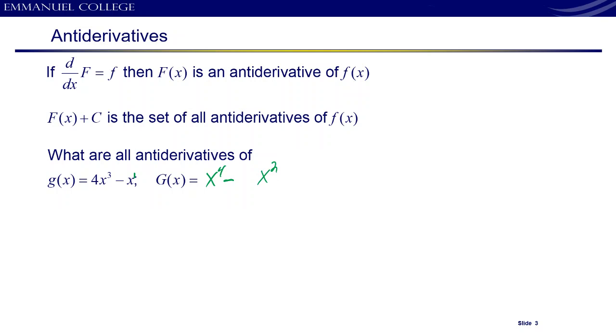But now there's an issue. If I take the derivative of x squared, I get 2x, which is not what I have here. But what if I threw a 1/2 out front? Now I'm in business, because I get 1/2 times 2x when I take the derivative, and the 1/2 and the 2 cancel each other out.